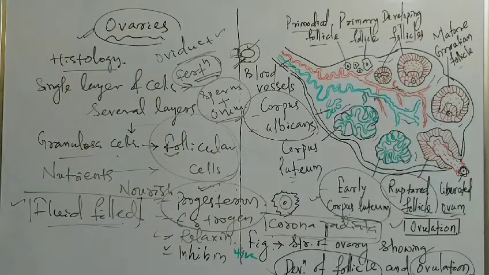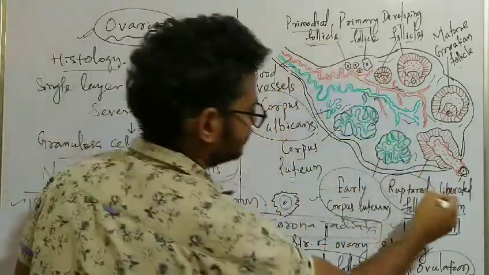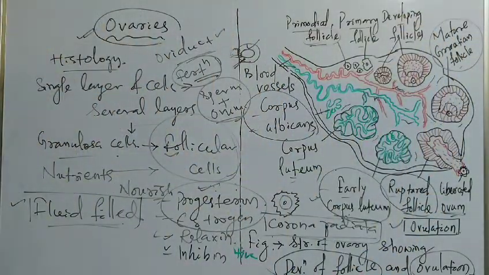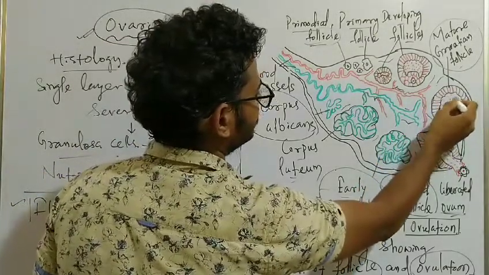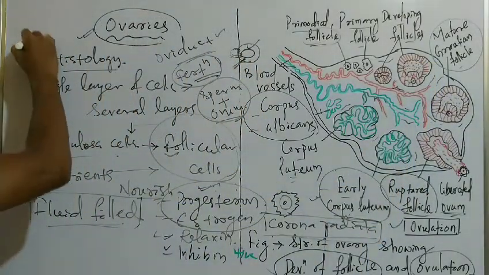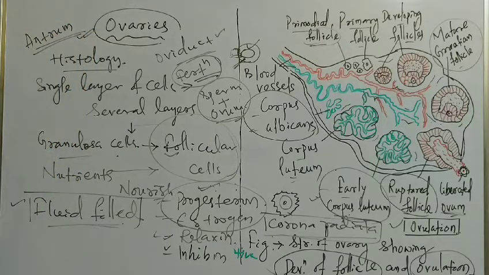Okay, so the mature stage of the follicle, remember, is known as the Graafian follicle. The Graafian follicle is the mature follicle which contains the mature secondary oocyte. And remember, the gap, the space present in these follicles is known as the antrum. Clear?